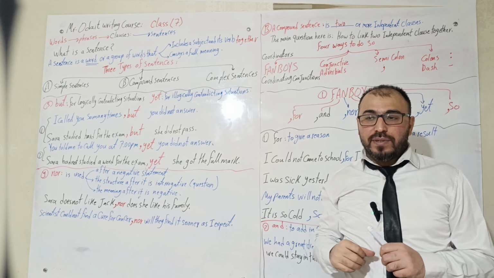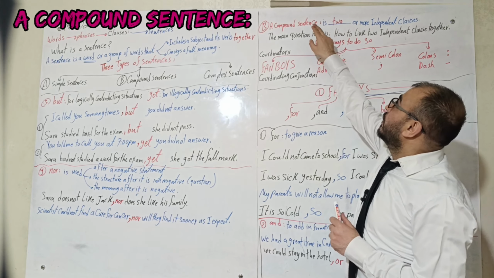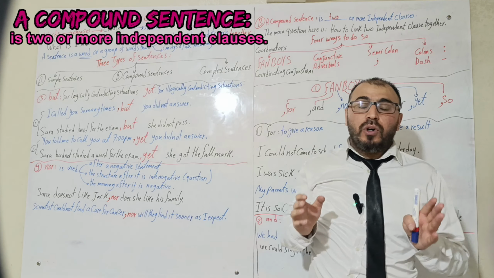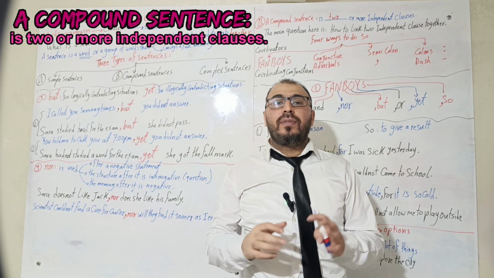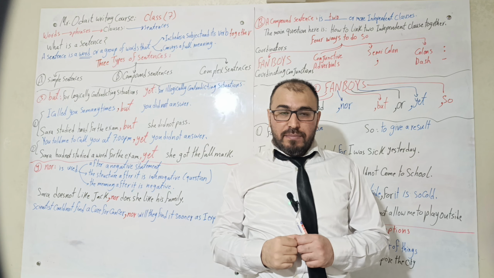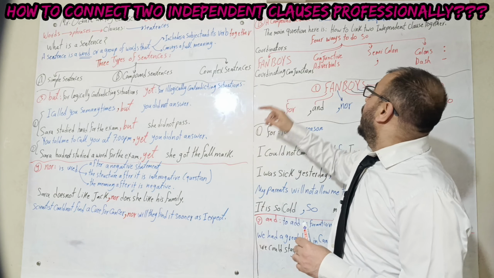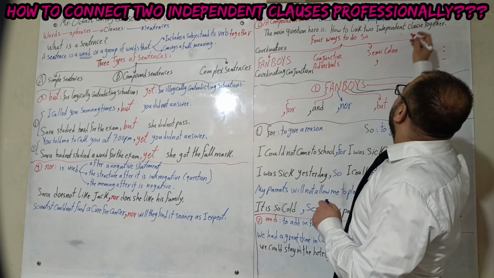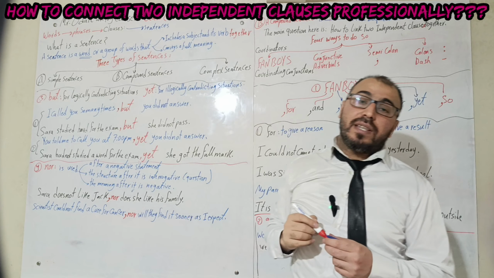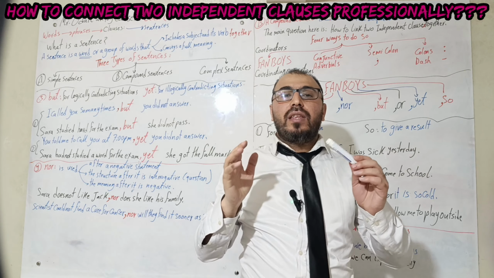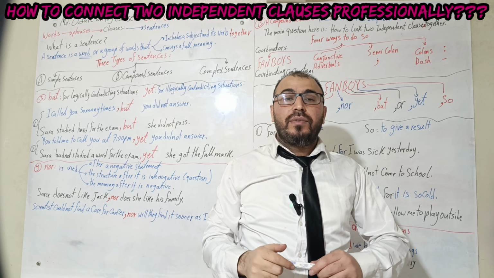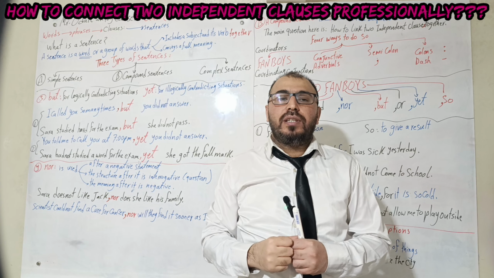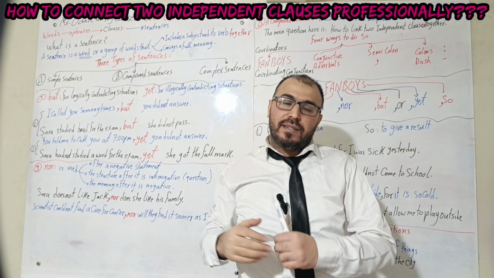So what is a compound sentence? A compound sentence, my friend, is two or more independent clauses. The most important question in this class, my friends, is how to link two independent clauses together in one compound sentence. Again, my friends, the biggest problem for my students is linking sentences together.